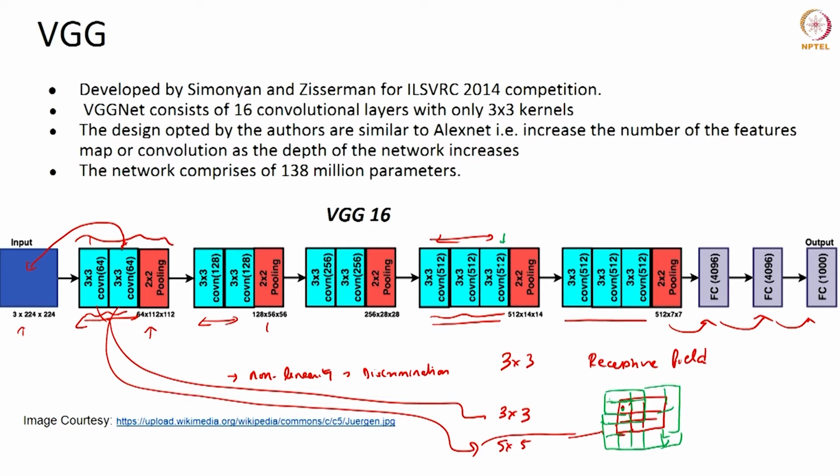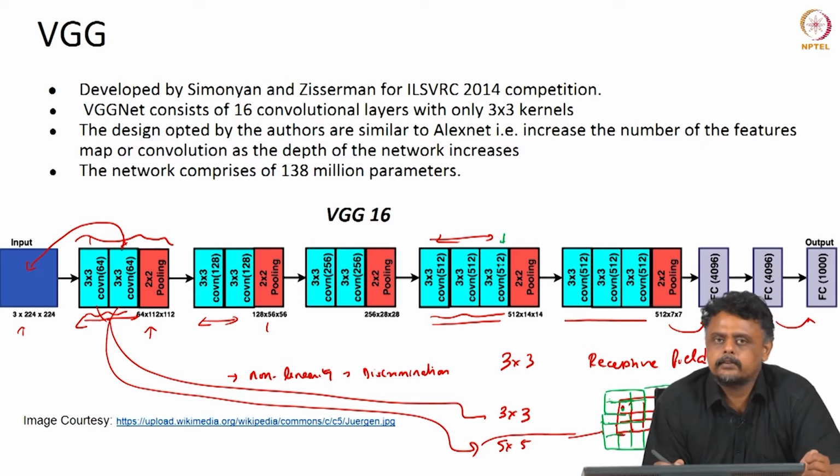If you want to do a succession of 3 cross 3 convolutions, 3 of them, the number of computations involved to produce one element in the output feature map is much lesser when compared to if you just do a 7 cross 7 convolution, okay. And at the same time you have a larger receptive field on the input.